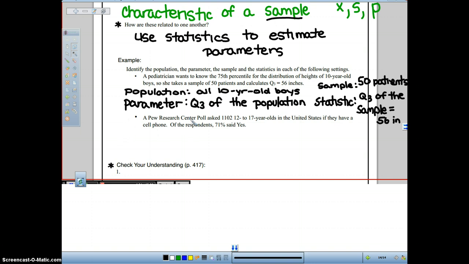Okay, for example 2, this research center asked 1,102 12 to 17-year-olds in the United States if they have a cell phone. Of the respondents, 71% said yes.